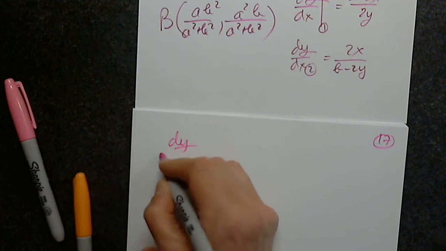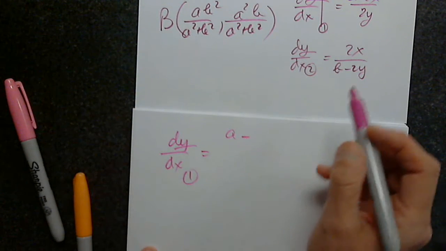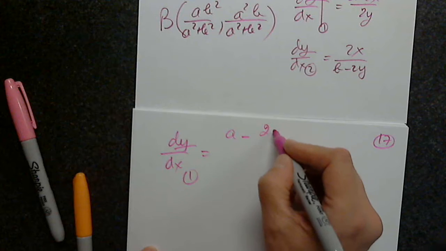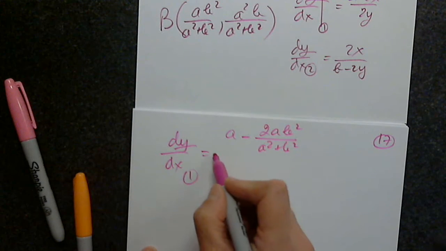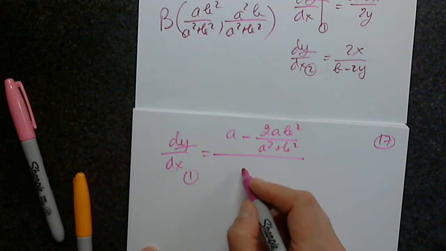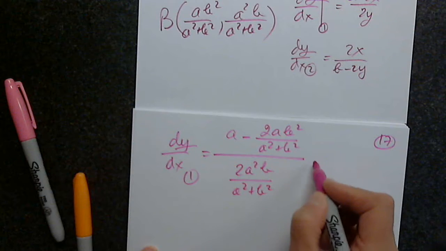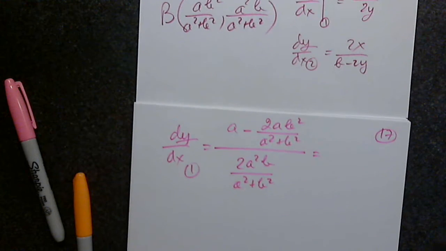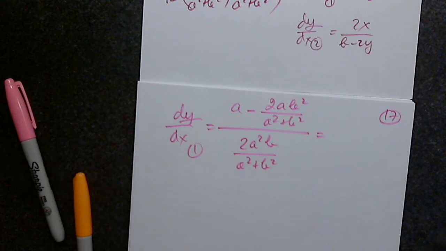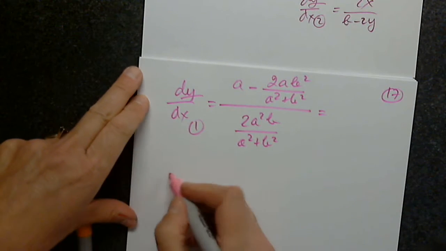So dy over dx for 1 is a minus 2 times x, 2ab squared over a squared plus b squared, over 2 times y, so 2a squared b over a squared plus b squared. And I have to calculate this. So let's see what we get. The least common denominator in the numerator, please.